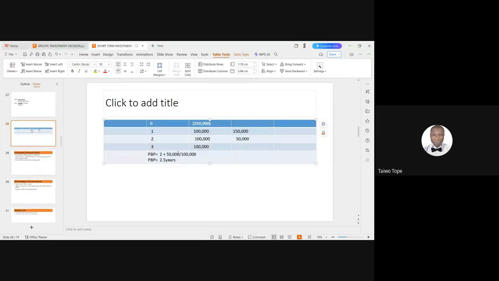But for payback period, it is not like that. It takes into consideration just the period in which the money will be recouped. That is why you don't look at the remaining part of the third year, and you don't look at the fourth year.